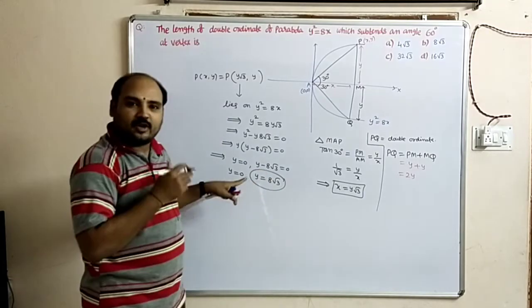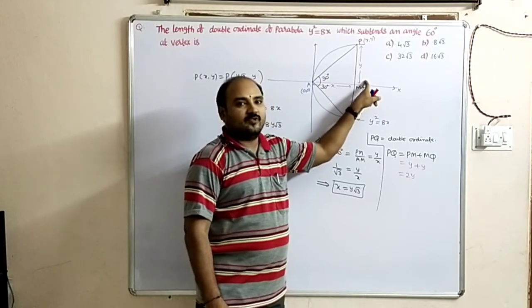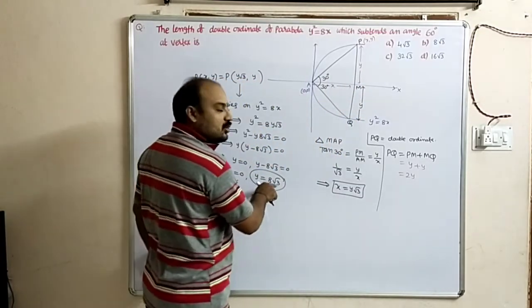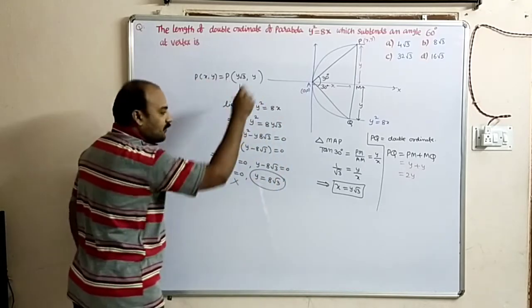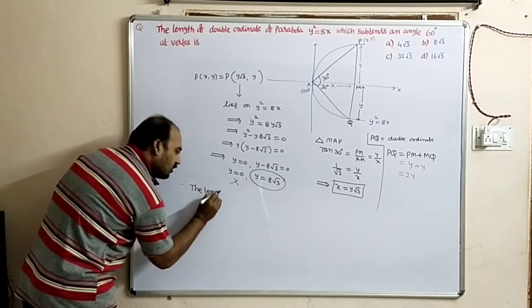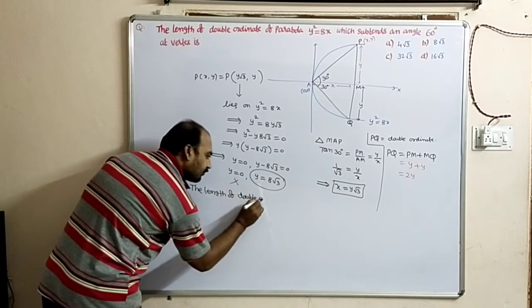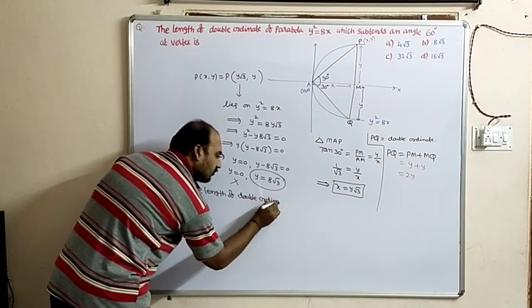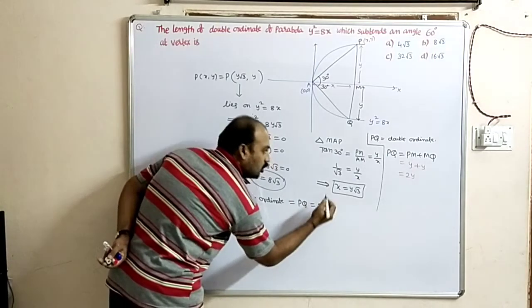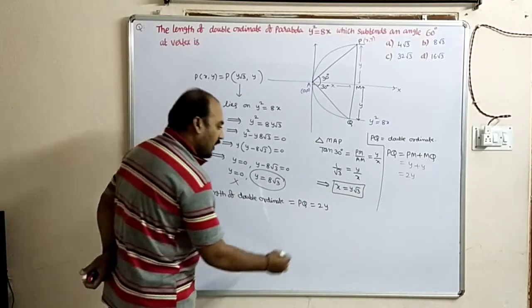y equal to 0 is not at all possible. Why? Because here the length is there. y equal to 0 means it is at vertex. So y equal to 0 is not our case. So y is equal to 8 root 3. Therefore, the length of double ordinate, which is equal to PQ, which is equal to 2y, from this PM plus MQ, y plus y, which is equal to 2y.